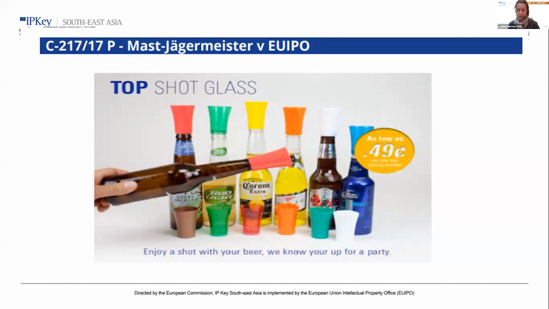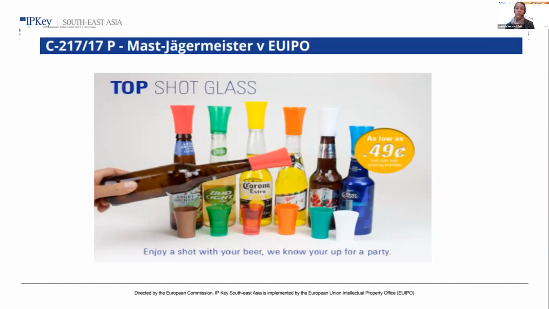And here we have a case where the design never got a date of application, because it is said in the regulation that if the design is not well represented, it is deemed as not filed. So it did not have even a date of application.